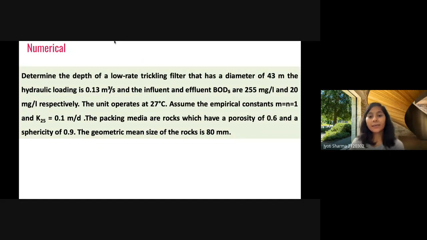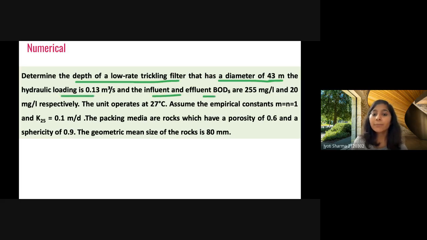Okay, again, because we have learned some terminology in this trickling filter, we have one numerical, and then we will move to the next technique. So here the low rate trickling filter has a diameter of 43 meter. The hydraulic loading is 0.13 meter cube per second.